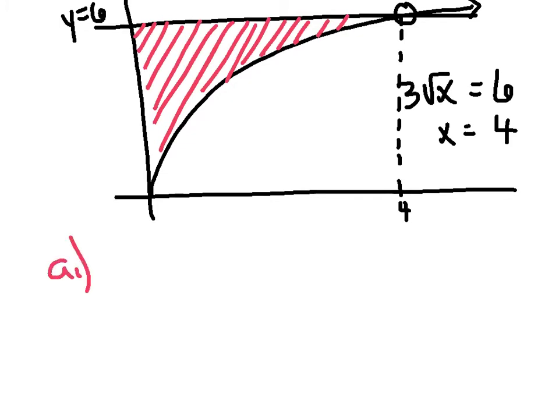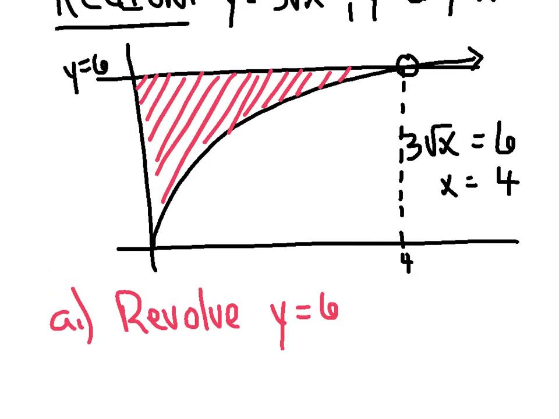I want to revolve this rascal around the line y equals 6. Can we do that? Let's find the volume of the solid generated when we revolve it around the line y equals 6. So here's what's happening. Let's see if we get ourselves a good rectangular slice here. Here's my slice, nice skinny rectangular slice. It is touching the axis of rotation, so I've got a disk.